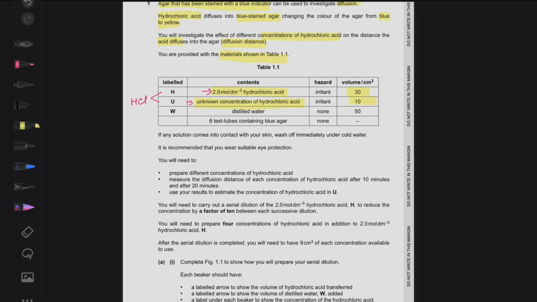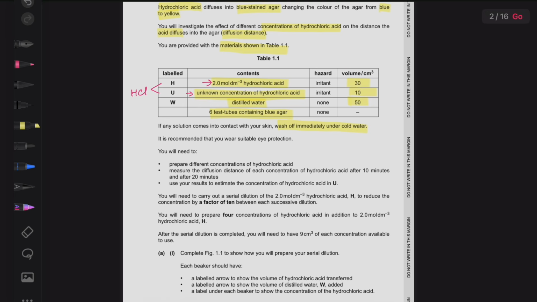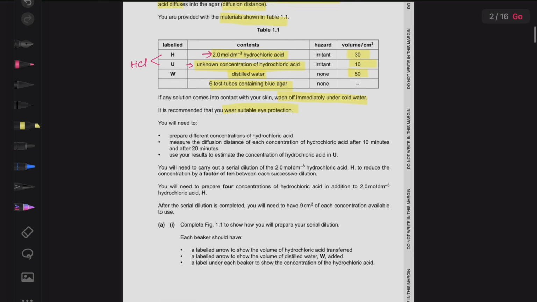And then we have 50 cm³ of distilled water, and 6 test tubes which contain blue agar. If any solution comes into contact with our skin, we are to wash it off immediately under cold water, and we should have eye protection on at all times, okay?